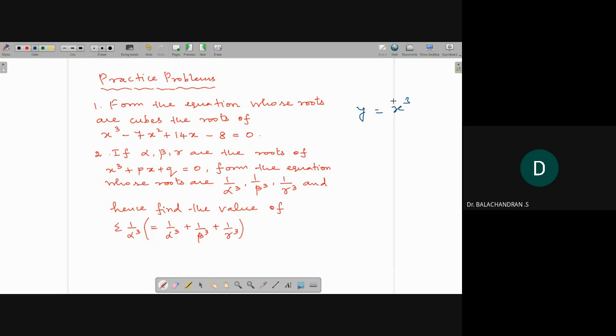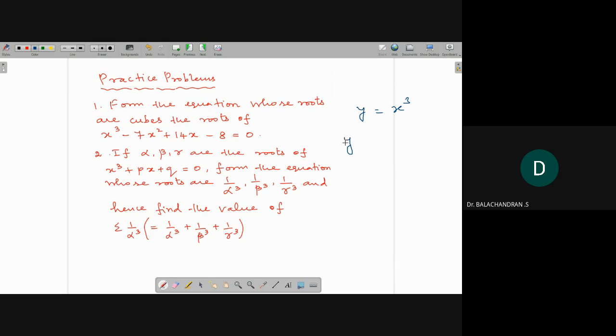What is the second step? Substitute in the equation, sir. X is equal to cube root of y, substitute it. Okay, correct, whatever you told.